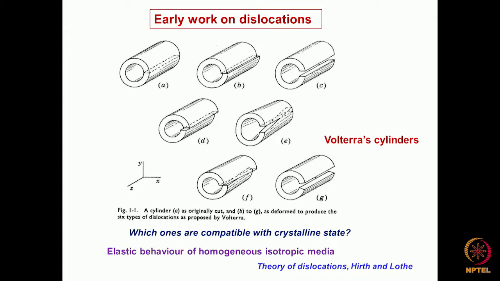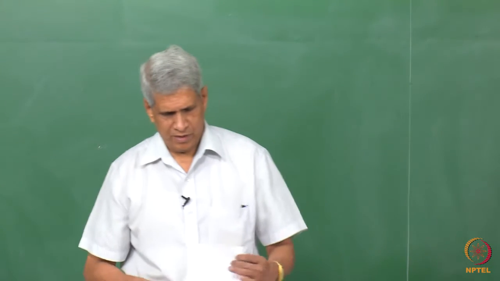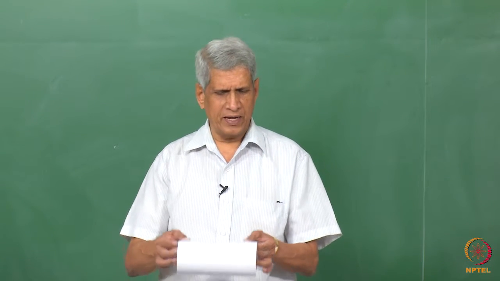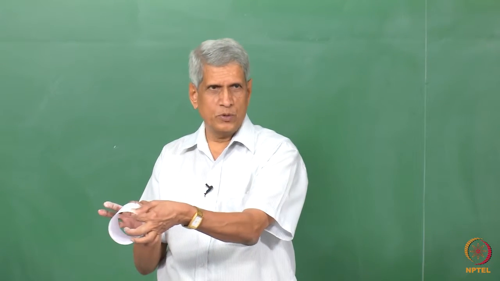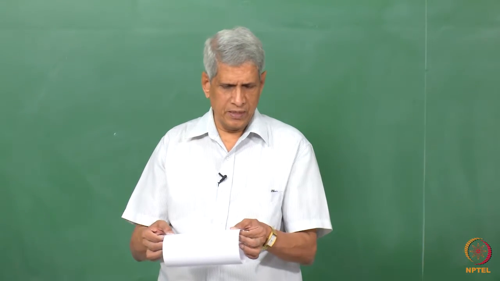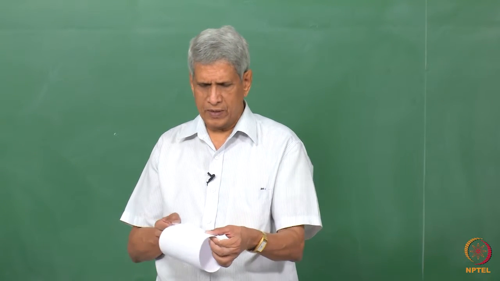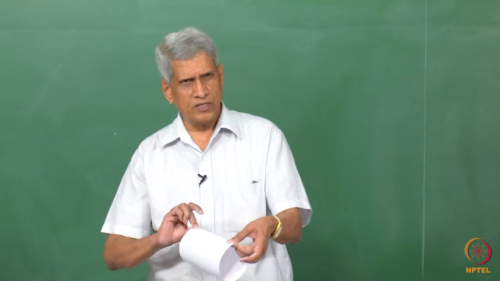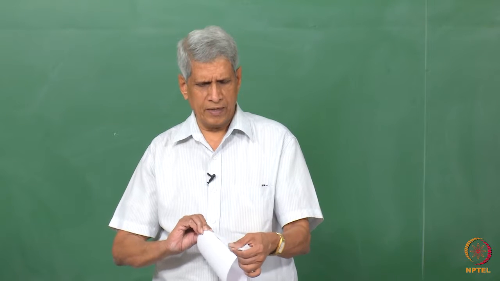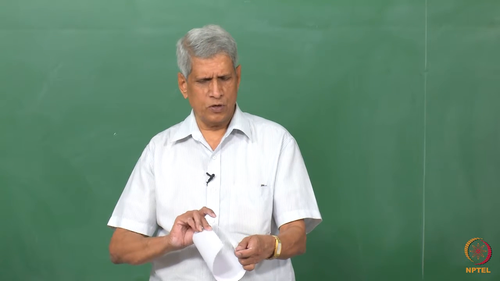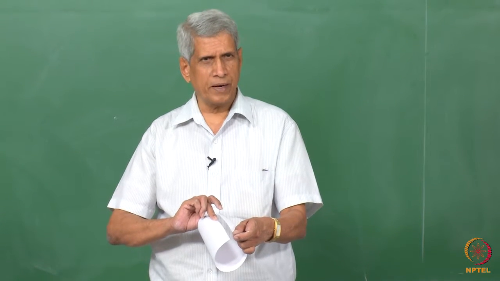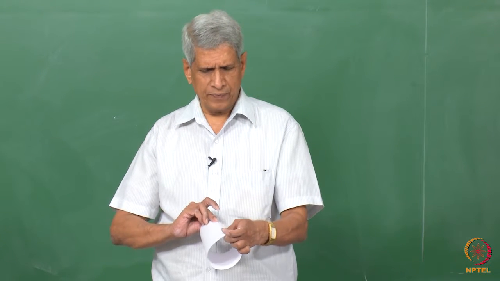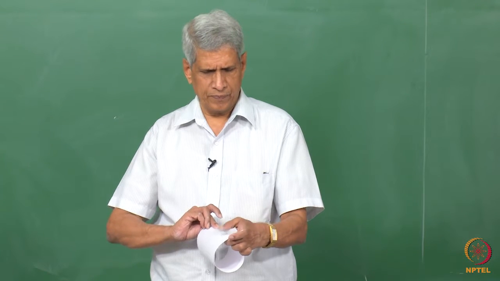It doesn't matter whatever you consider. For example, suppose we consider this dislocation. You look at it, this is perfectly a circle. If I take it like this, I can just leave a cut and leave it. It looks as if it is the same. Another is that because of the cut, this opens out like this. This is one way it can happen. Other one is that this itself is like this.